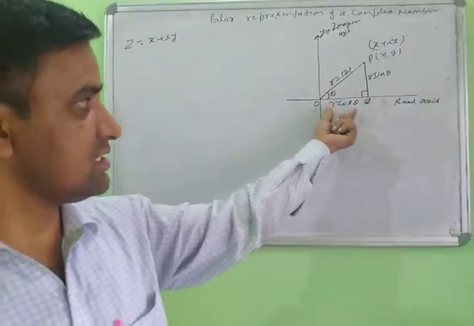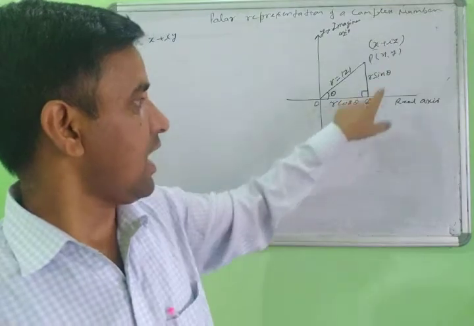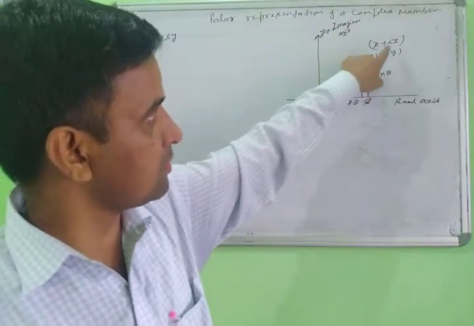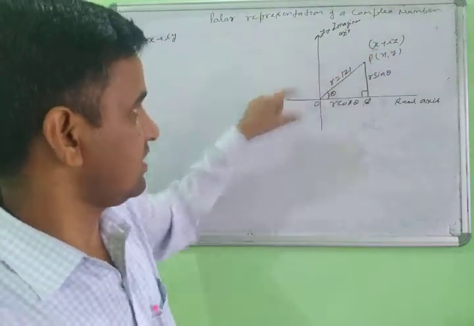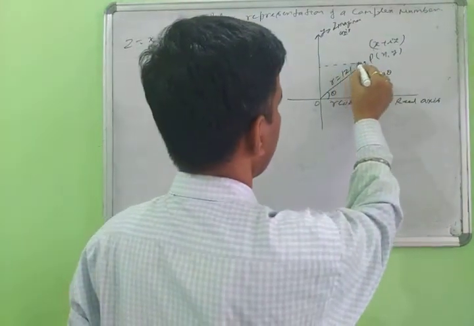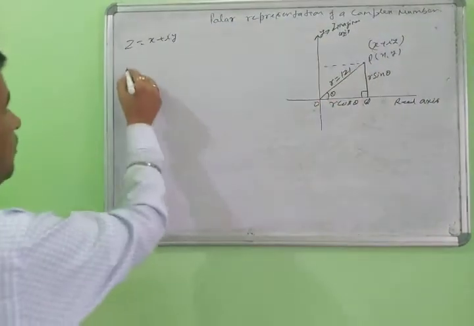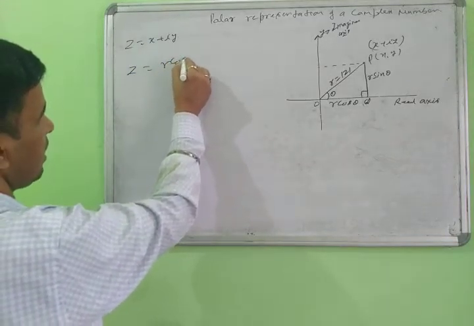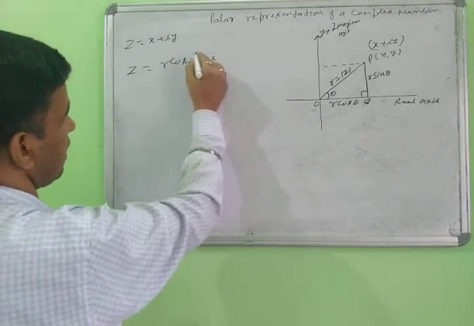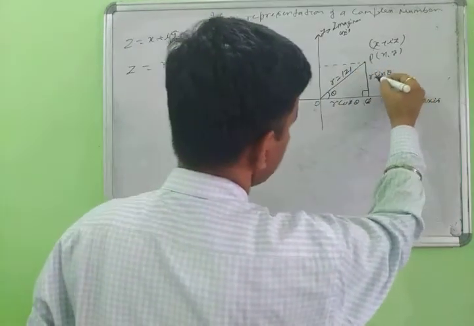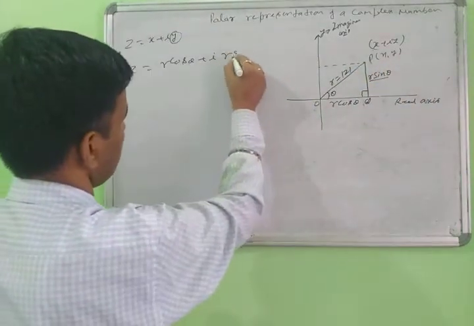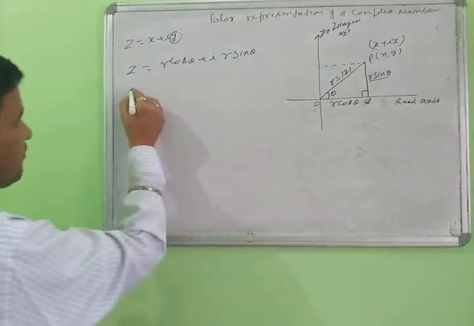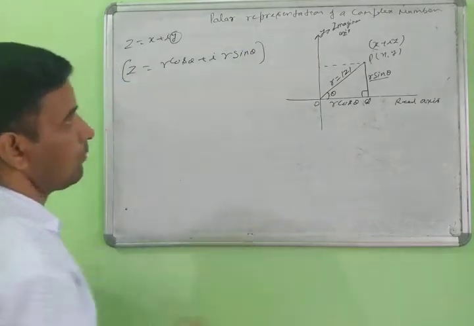This is the x-axis, meaning the coordinate of x, and this is the y-axis, the coordinate of y. This length. What is the value of x? r cos theta, plus iota. What is the value of y? r sin theta. So this is the polar form of the complex number.